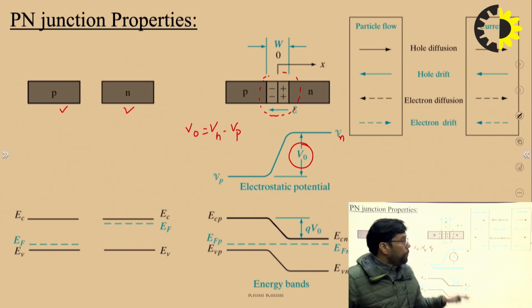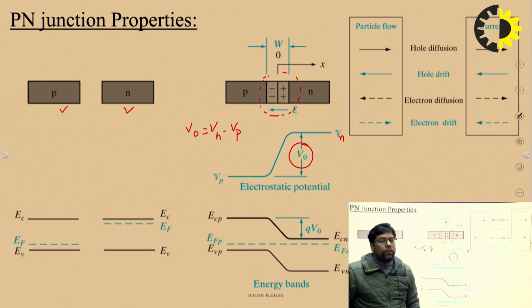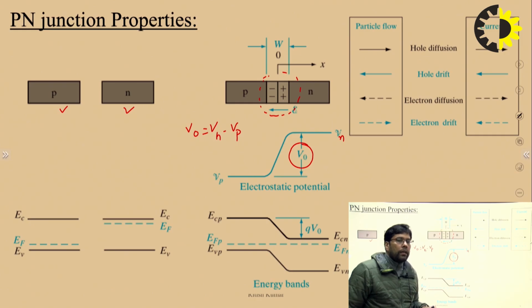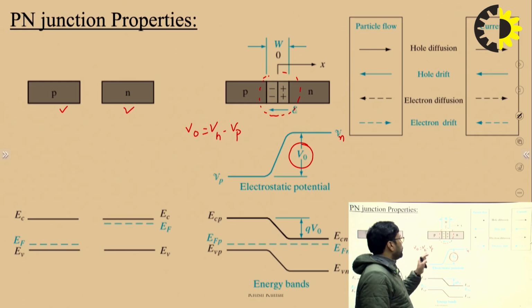In a P-type semiconductor, the majority carriers are holes, while in an N-type semiconductor, the majority carriers are electrons. So the P-type has a higher concentration of holes, while the N-type has a higher concentration of electrons. In diffusion, carriers flow from higher to low concentration.